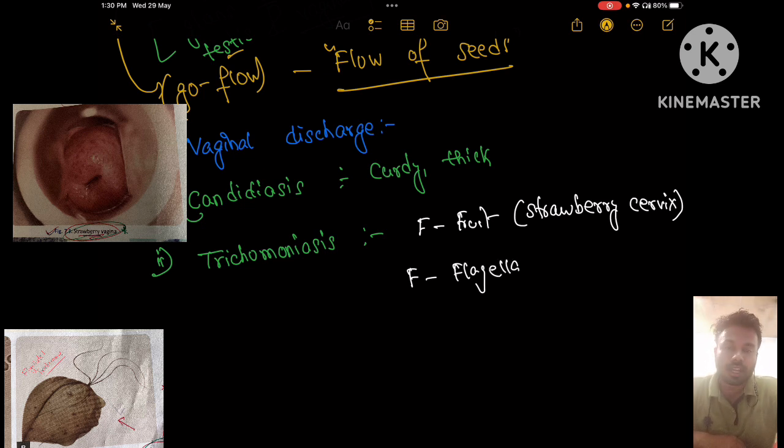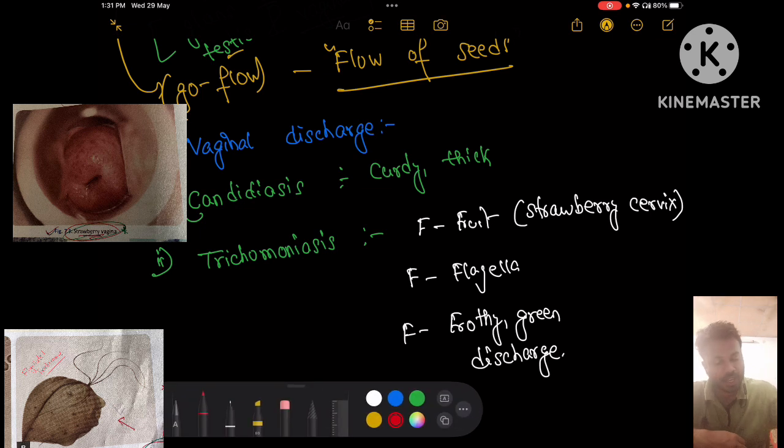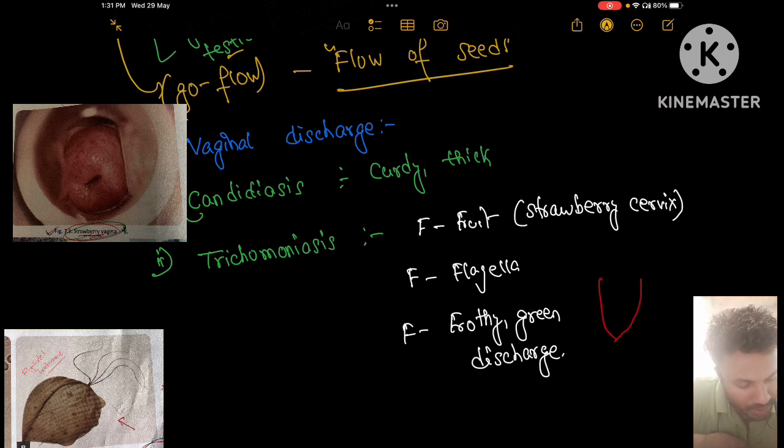So, Trichomonas vaginalis are flagellated organisms. Next, the discharge is frothy green discharge. How can you remember it also? Just it looks like strawberry.